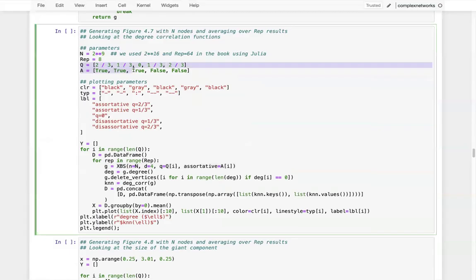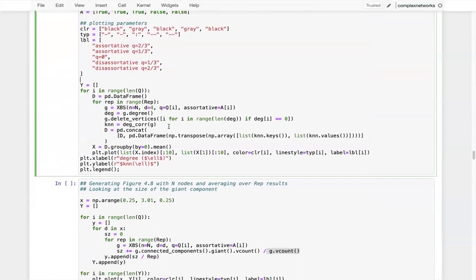And this is kind of the important part here, we're going to go through 5 different combinations. True means that we have positive assortativity, and false means that we have disassortativity or negative assortativity, and those are the values. So basically the first combination is going to be strong positive assortativity, then positive, neutral, then negative assortativity, and strong negative assortativity. Those are just some plotting parameters.